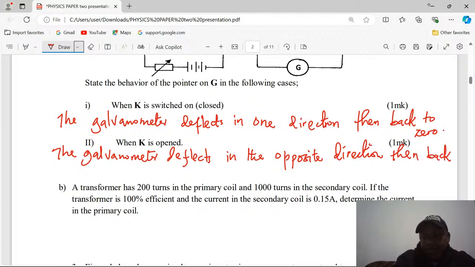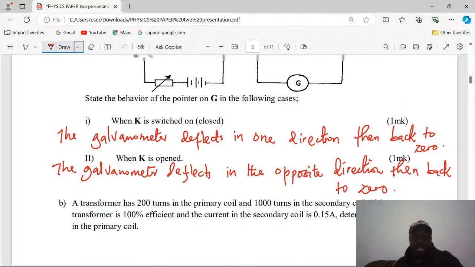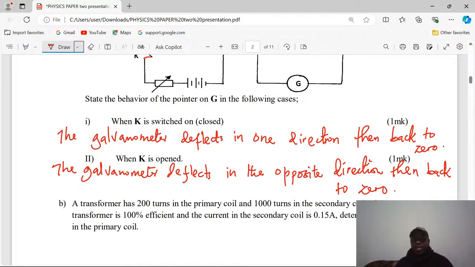Then back to zero, in the opposite direction to the direction in which it had deflected in the first case. So it has to deflect in the opposite direction and back to zero. It has also to be noted that the opposite deflection now is always greater than the deflection in the first case, when there is the switching on.